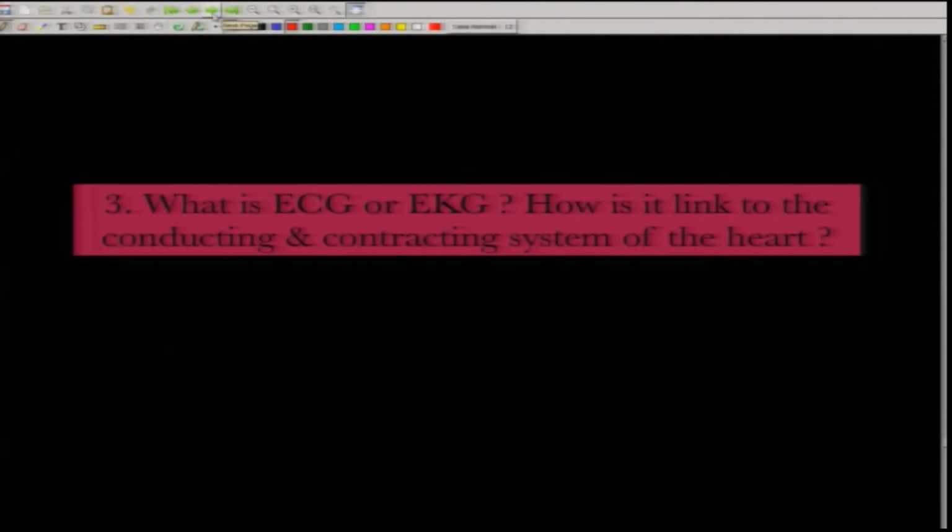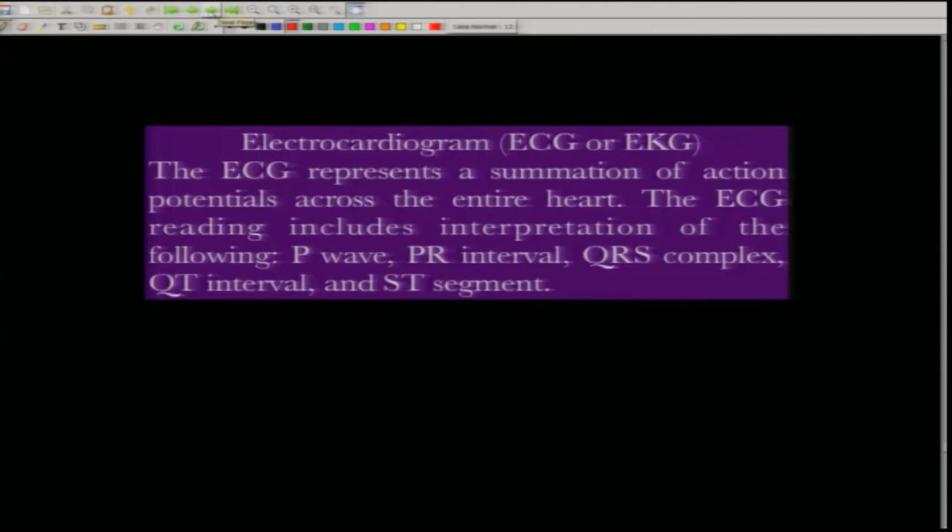What is ECG or EKG? How is it linked to the conducting and contraction system of the heart? Electrocardiogram: ECG represents a summation of action potentials across the entire heart. ECG reading includes interpretation of the following: P wave, PR interval, QRS complex, QT interval and ST segment.